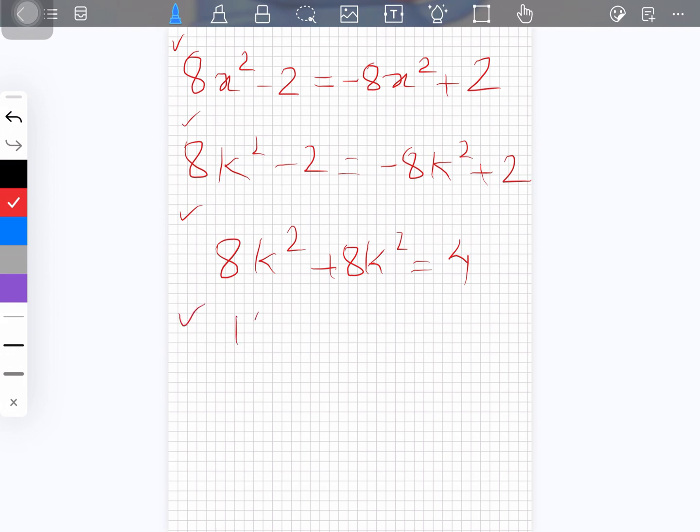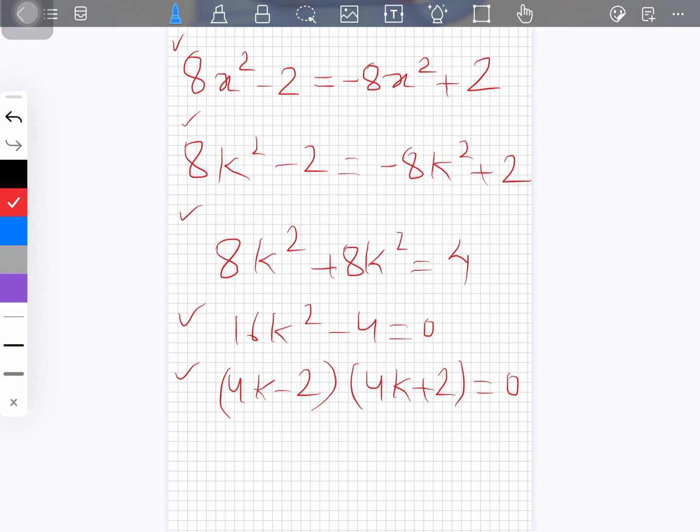And then 16k square minus 4 is equal to 0. Now just solve the equation. 4k minus 2, 4k plus 2. I hope you understood what I did here.